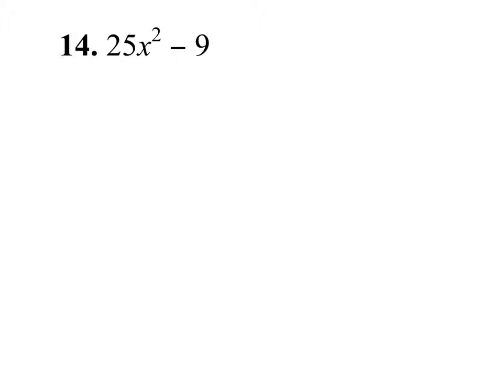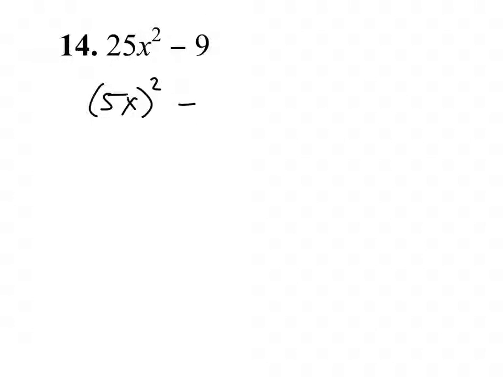Do we have two perfect squares? 25 is definitely a perfect square, and x squared is obviously a perfect square. How do I rewrite 25x squared as one thing squared? 5x, the quantity 5x squared.